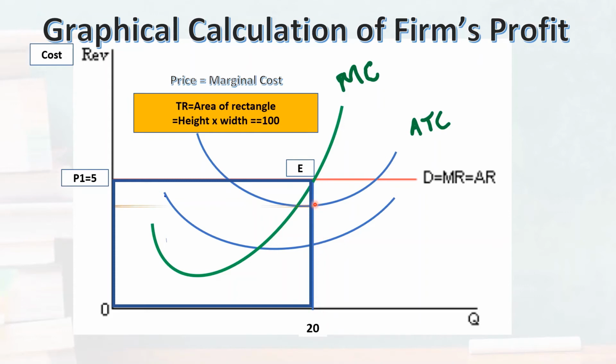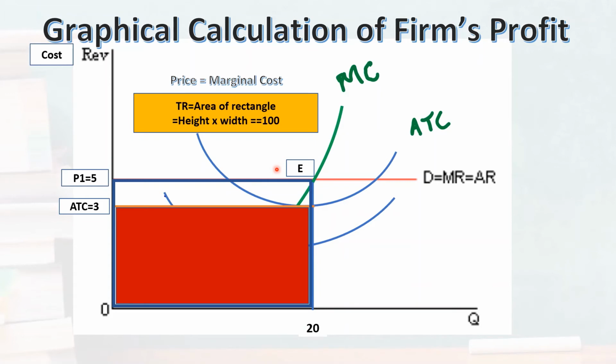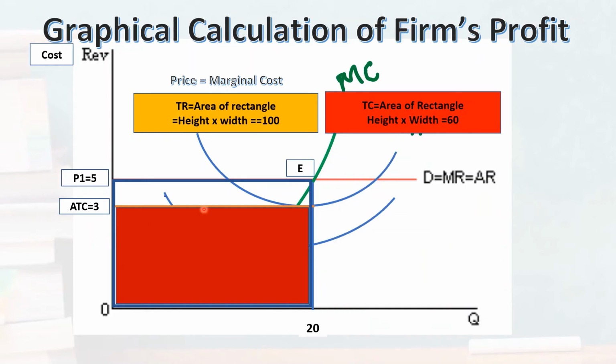So let us suppose the average total cost is $3 per unit. So the total cost is the area of this red rectangle, which is again height times width, and it gives you a value for the total cost equal to $60.